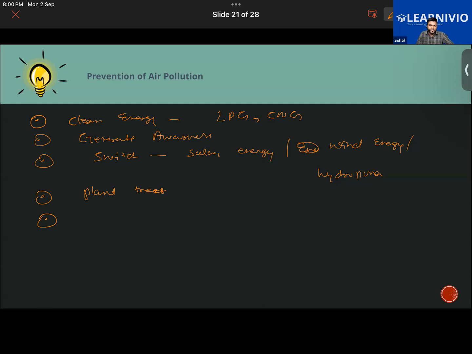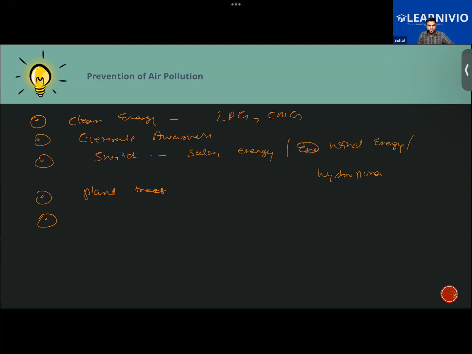A mature tree can absorb about 40 or 50 kilograms of carbon dioxide from the atmosphere in just one year. So it is really very important to plant trees, because if the amount of carbon dioxide in the atmosphere is reduced, many problems will be solved. The problem of global warming will be solved. So we should be planting more and more trees.